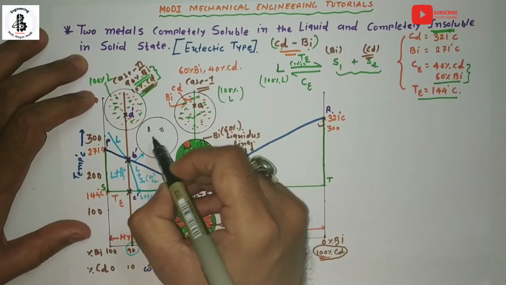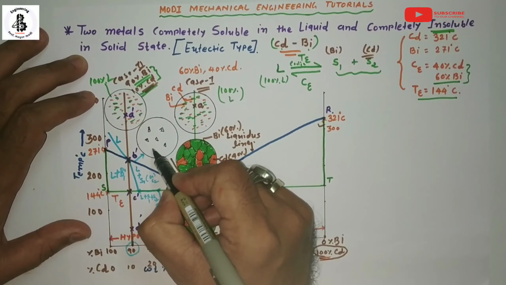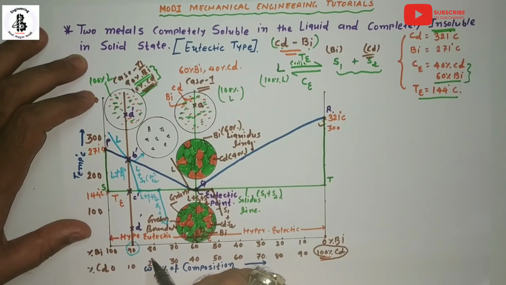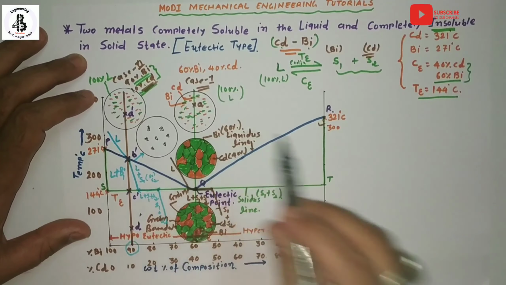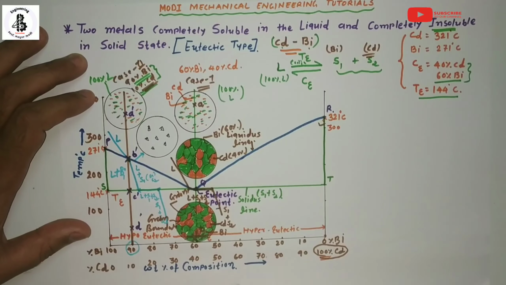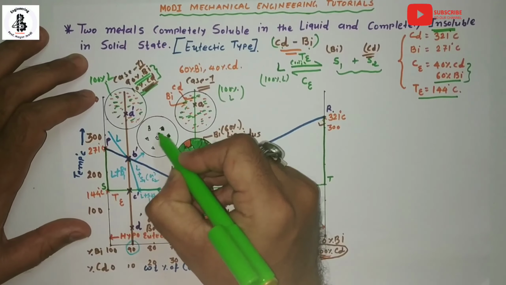So these nuclei will basically be made with the bismuth material at the hypoeutectic transformation, or you can say, in a simple way, enrichment by the metal that will be the starting point.